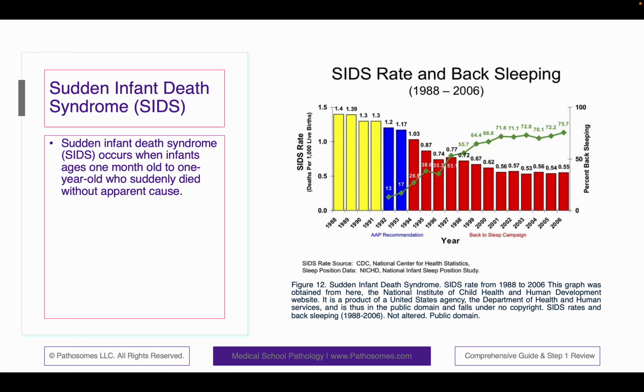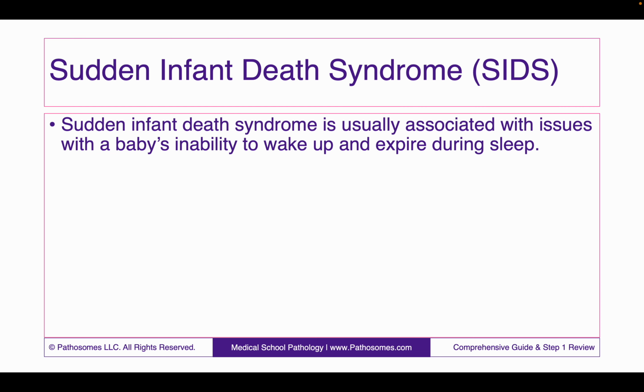Now, something that can happen after delivery to a young patient, a baby, is sudden infant death syndrome. Sudden infant death syndrome occurs when infants ages 1 month to 1 year old suddenly die without an apparent cause. Sudden infant death syndrome is usually associated with issues with the baby's inability to wake up and expire during sleep.